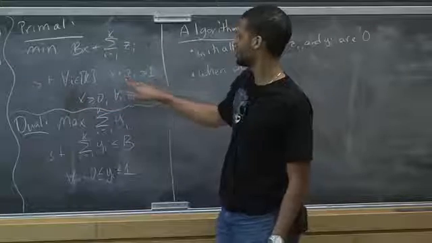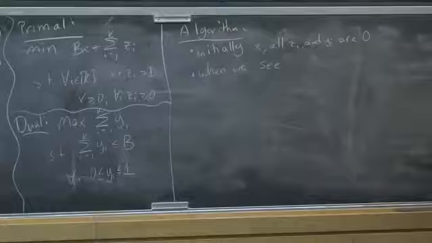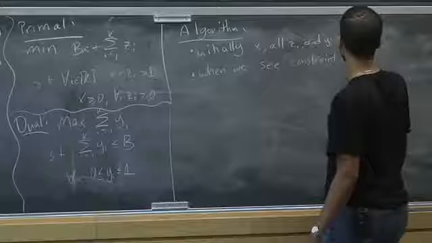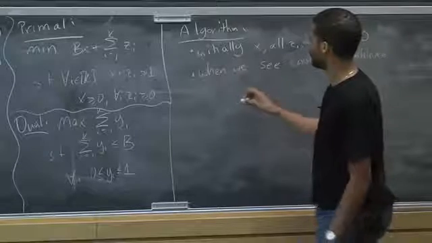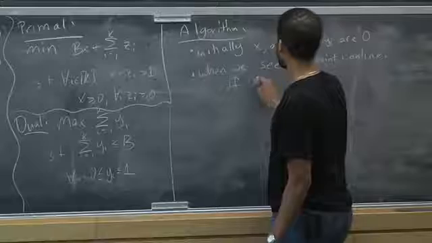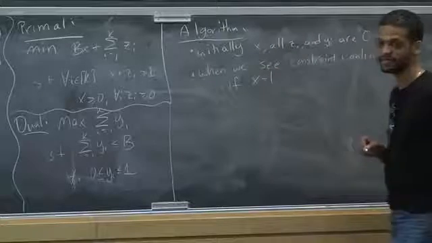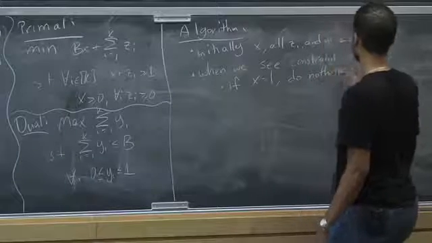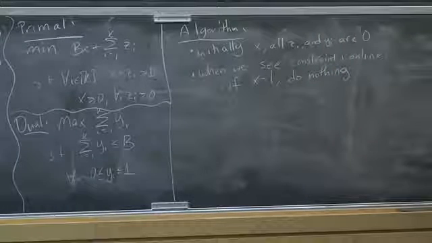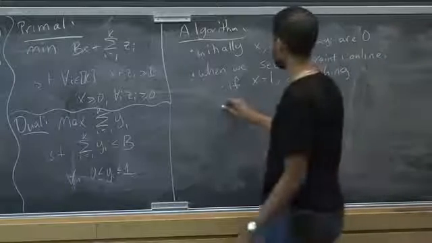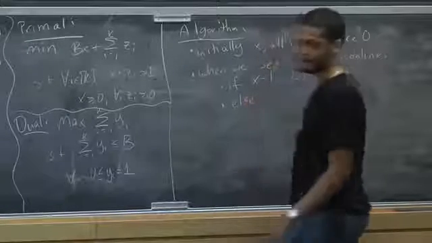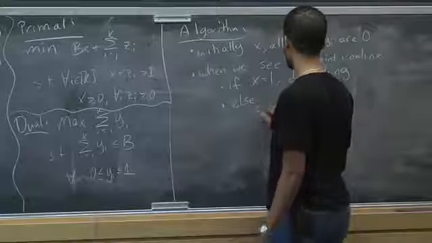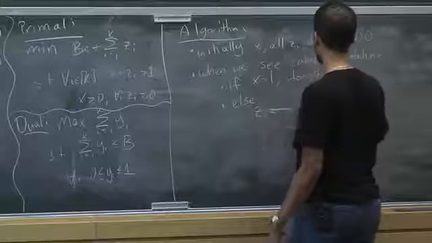Every day we see a new constraint, x plus zi is at least 1. So when we see constraint i online, if x is already equal to 1, do nothing. Otherwise, we're going to set zi to be 1 minus x.